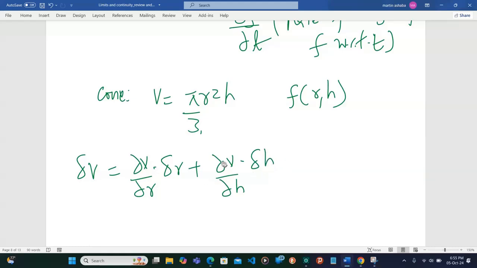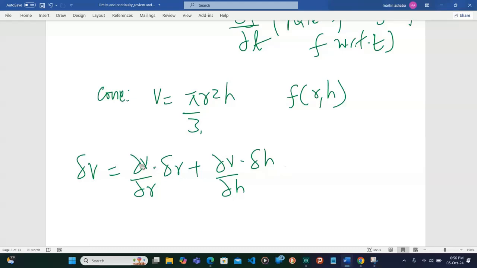So if volume is changing with the height, and we know that rate, if we multiply it by the change in height, then we will be able to find the change in volume that has occurred as a result of the change in height.